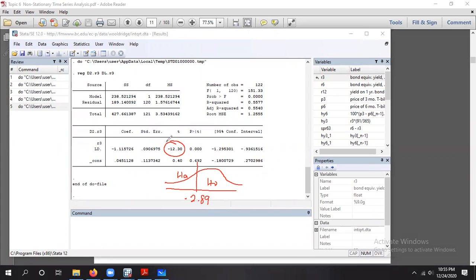Our tau statistic is negative 12, which is of course somewhere in the HA region.